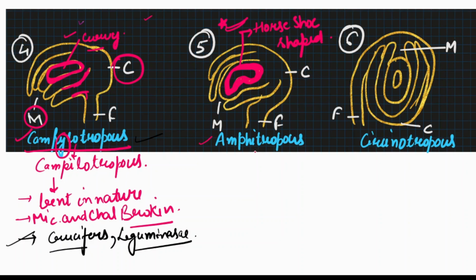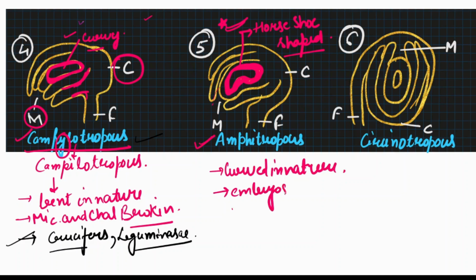The ovule body is extensively curved, and the embryo sac is horseshoe shaped.